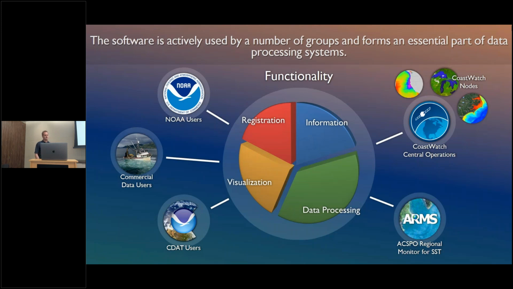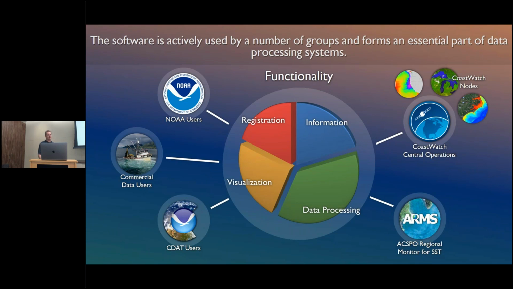We have NOAA users outside of CoastWatch and commercial users who take CoastWatch data products and spin them into their own websites and their own services and apps using our CoastWatch Utility software. And there are CoastWatch data analysis tool, CDAT, users all over the globe using CoastWatch data for their own purposes. So we don't always have feedback from everybody, so we don't know what they're all doing.